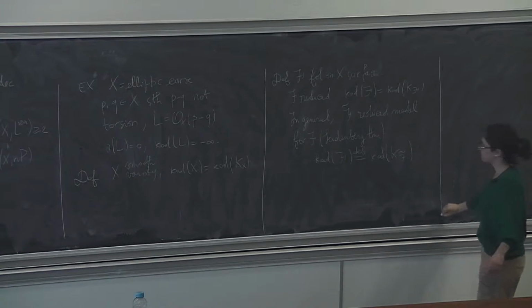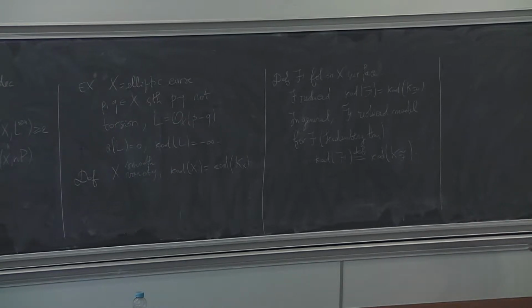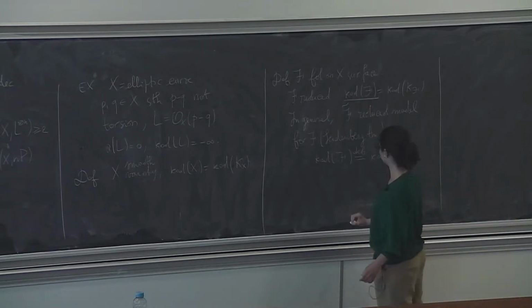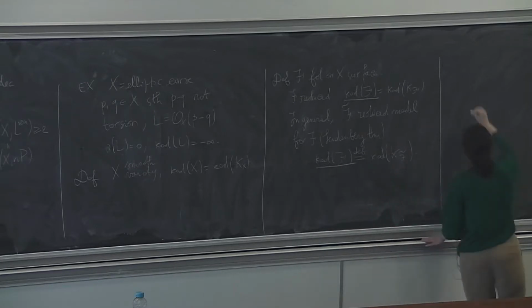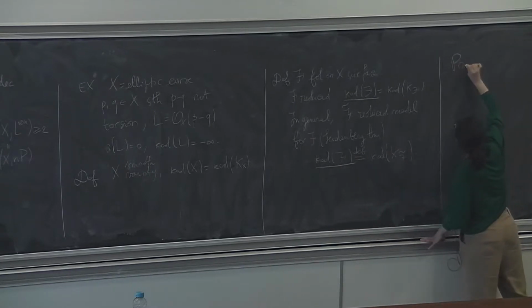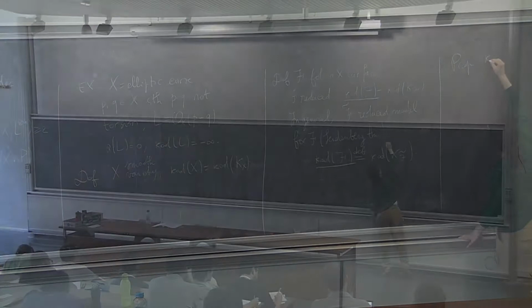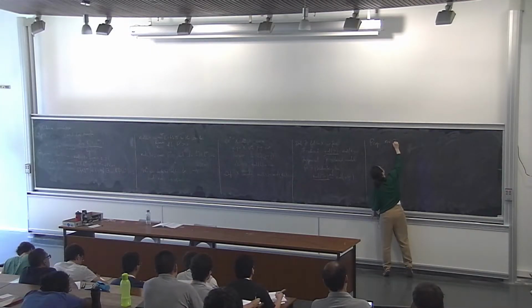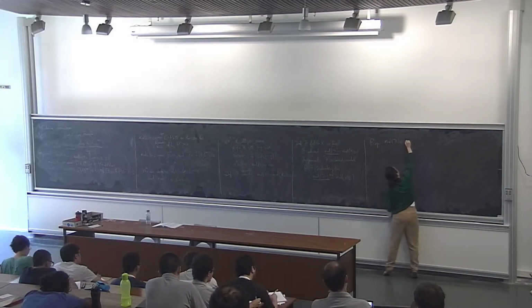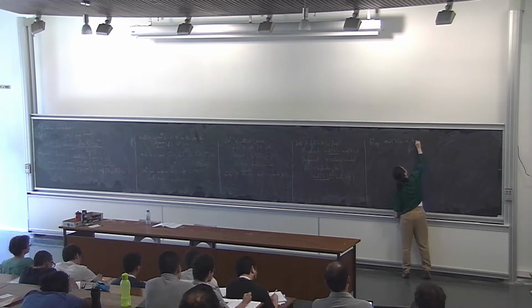Okay, so the proposition is that the Kodaira dimension defined in this way is a birational invariant.